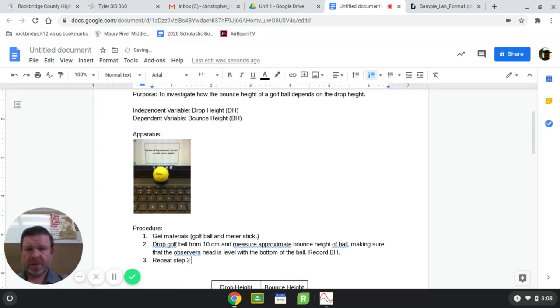And then repeat. Step 2, increasing the drop height by 10 centimeters until 7 measurements have been obtained, or something like that.